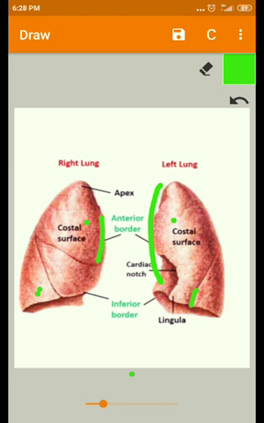I have already explained this in the lungs and pleura video, just go and refer to it. We are going to see the pulmonary ligament as well as the roots of the right lung and left lung, which are related to the medial aspect, the mediastinal surface of the right lung and left lung. Now we are going to see those things in the next video.